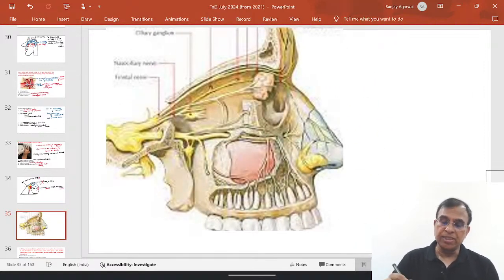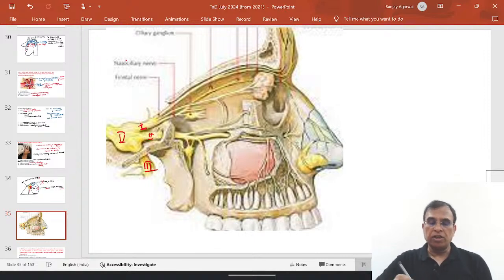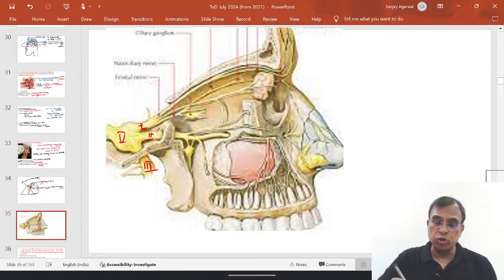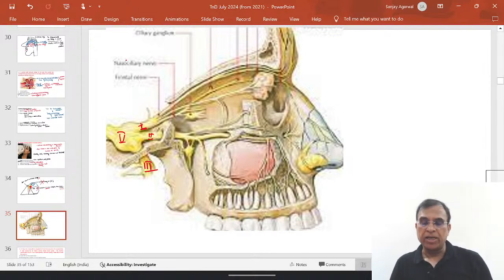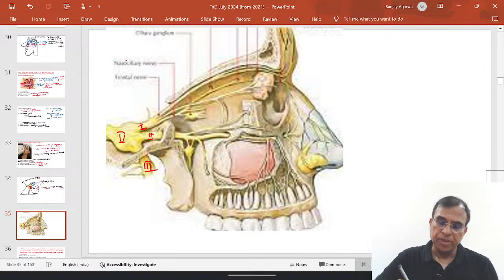Now this is your trigeminal nerve, the fifth nerve, and this is the first division of the trigeminal, the ophthalmic division. This is your second division, maxillary, and this is your third division, mandibular. Ophthalmic goes in the orbit to the superior orbital fissure, and just before entering the superior orbital fissure, somewhere here, it divides into three main branches, and this branch is the nasociliary branch.